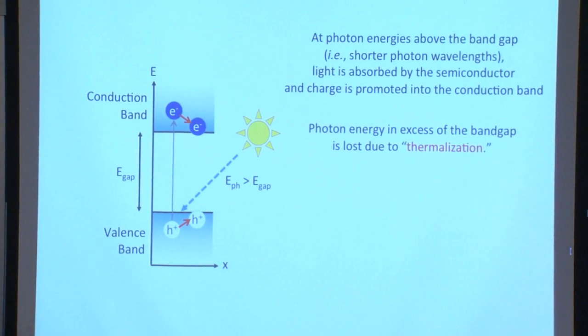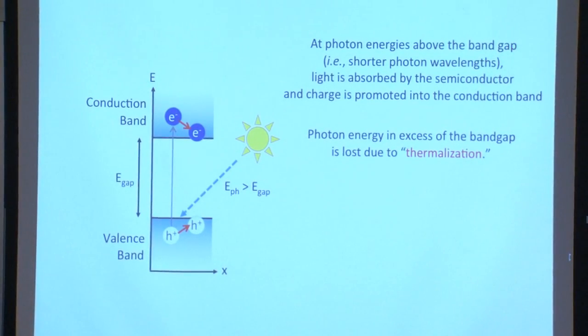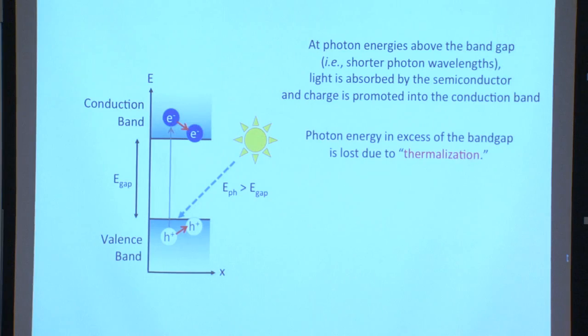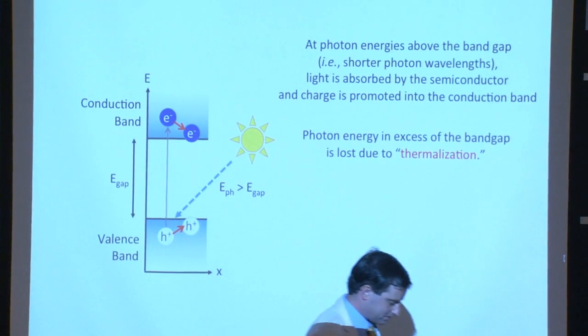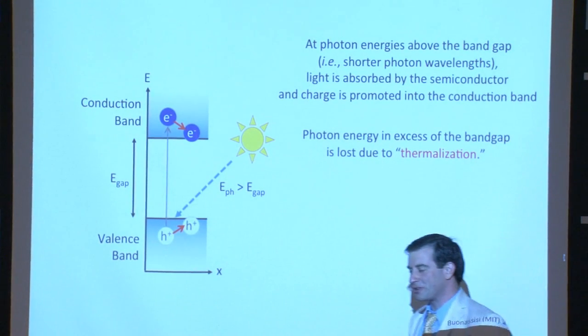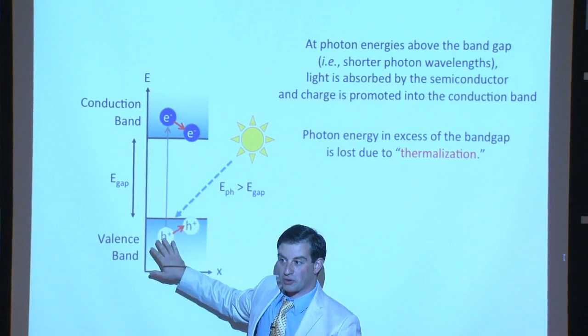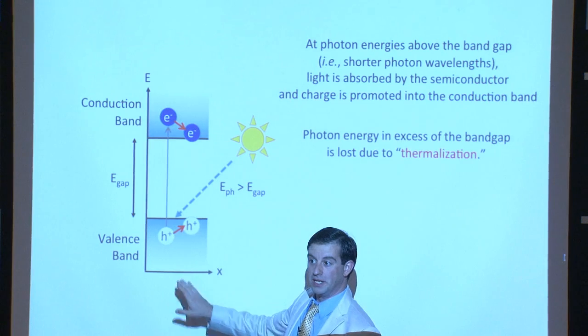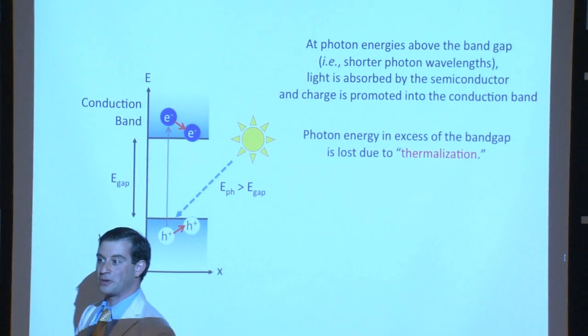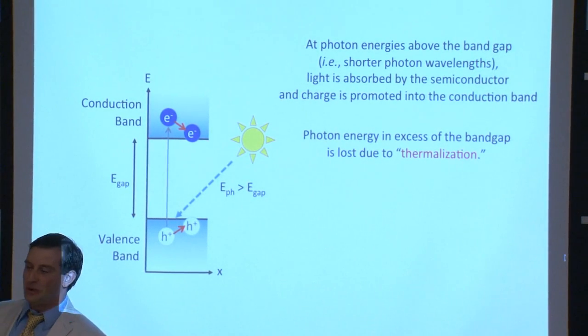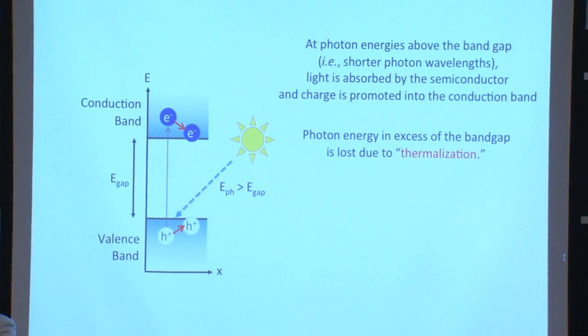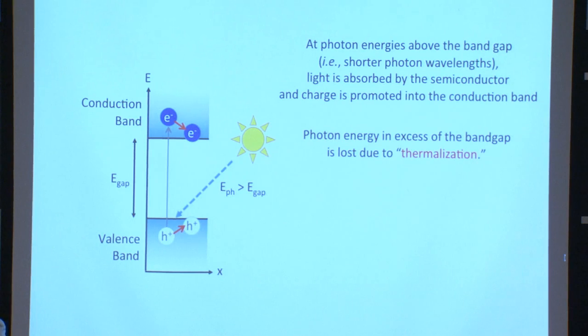Yes, question? Why isn't the hole originally created at the top of the valence band? Well, it depends on what's called the matrix element of the absorption process. In other words, what electrons have the largest capture cross-section for that incident photon. And it is a probability distribution function, so you will get some electrons further down from the top of the valence band absorbing light, as well as some of the electrons right there at the tippy top of the valence band absorbing light.